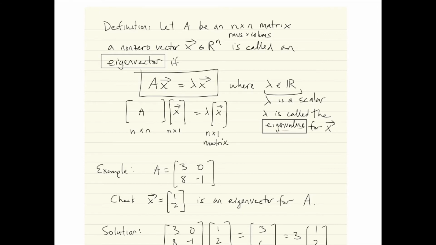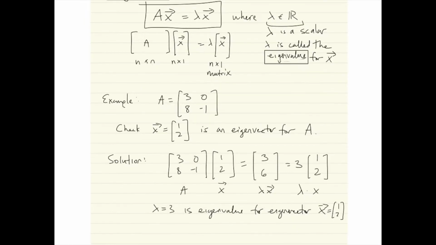So here's an example. Let's take a simple 2 by 2 matrix, and let's check that this vector 1, 2, written here as a column vector, is an eigenvector for A. Now first you might ask, how did they come up with this eigenvector? We'll show how in the next slide. But first let's just check it's an eigenvector.